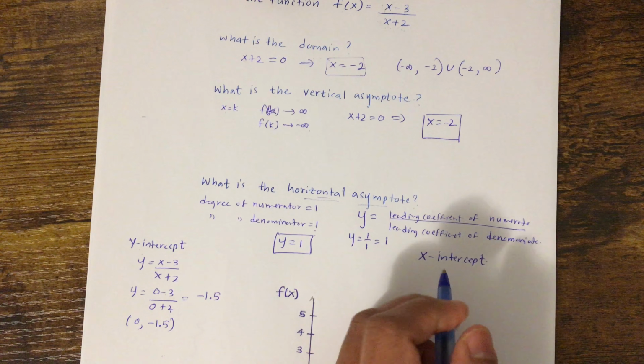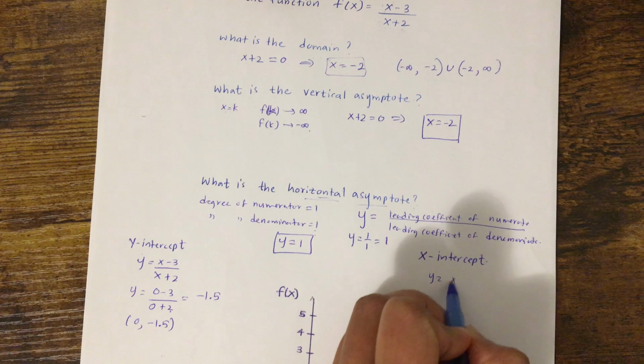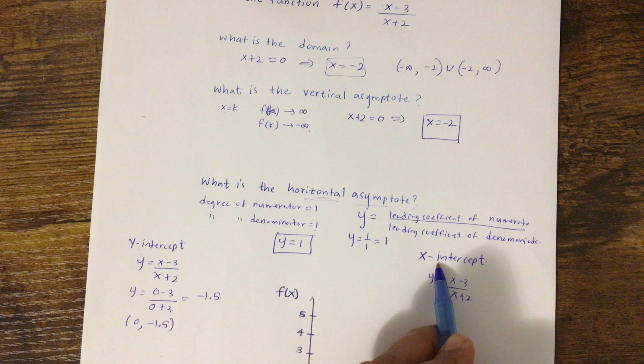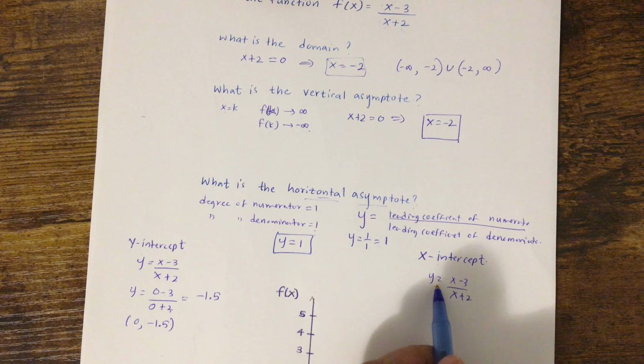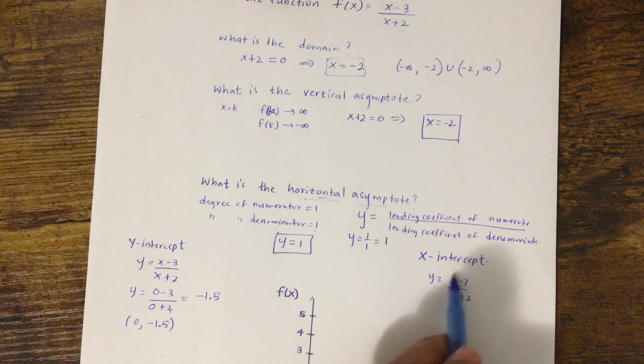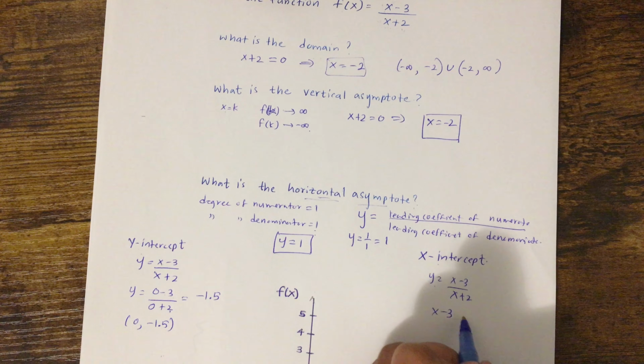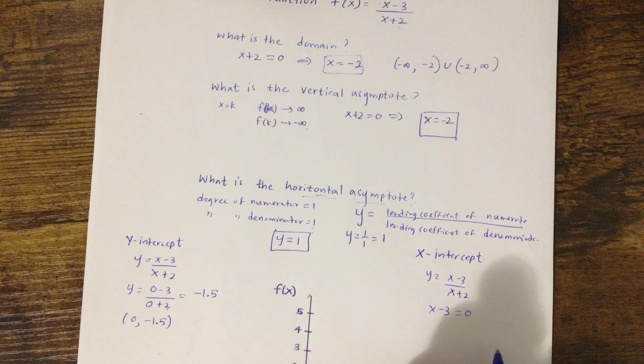Let's find the x-intercept. So y equals (x minus 3) over (x plus 2). For the x-intercept, y equals 0, right? To get y equals 0, you know the numerator of the rational function should be 0. That means to find the x-intercept, you have to consider the numerator. x minus 3 equals 0.